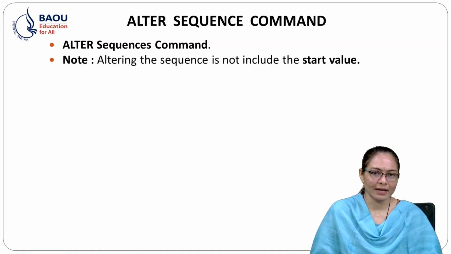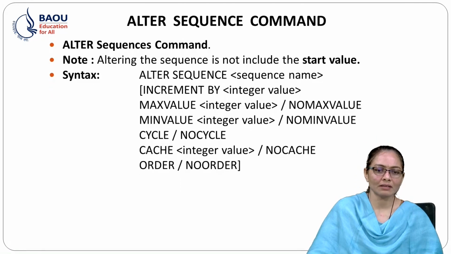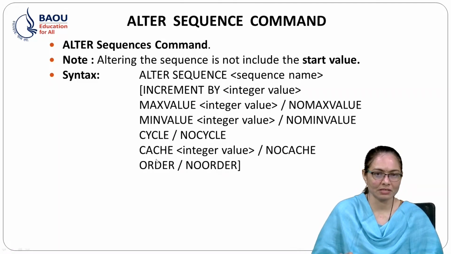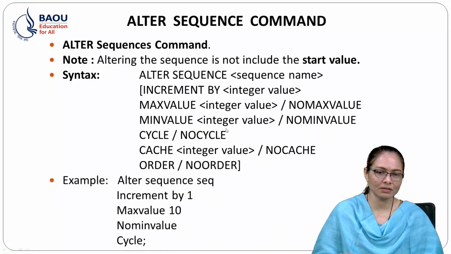If you alter a sequence, the start value is not mentioned. All other options you can include, but the starting value option is not included. This is the syntax of alter sequence. After the sequence is created: alter sequence, sequence name, and all other options as they are, without the start value.